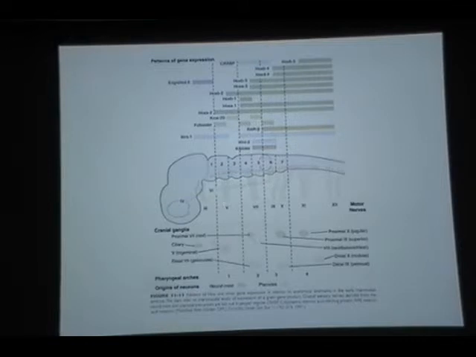So cranial nerve 5, trigeminal nerve, is derived from rhombomere 2 and 3. Facial nerve derived from 4 and 5. Glossopharyngeal and vagus derived from 6 and 7, respectively. So these rhombomeres are very important to send out fibers, specific fiber tracts out into the periphery, but that periphery in this case are these pharyngeal arches.